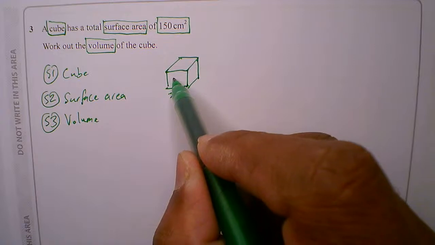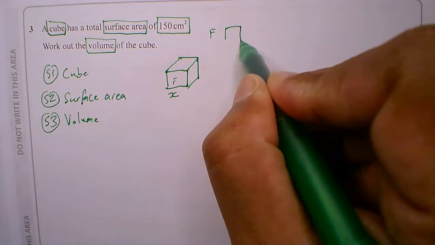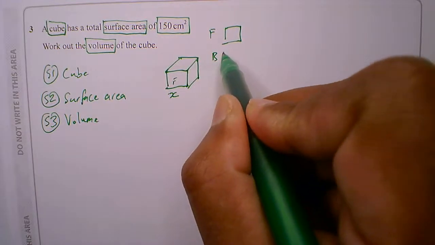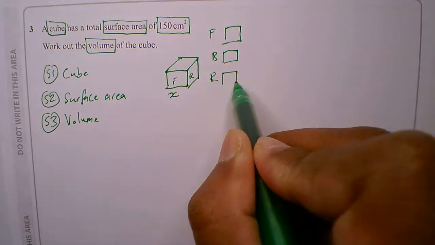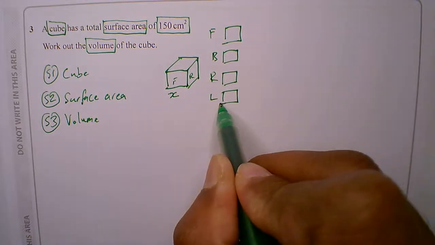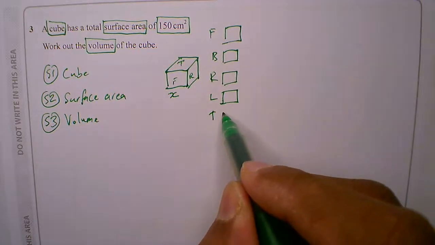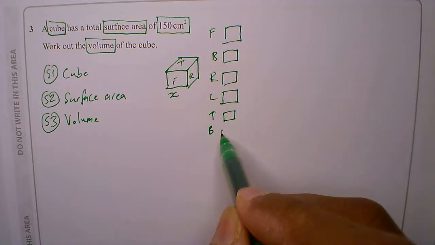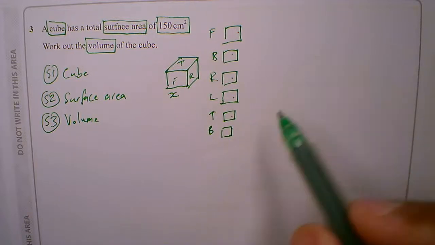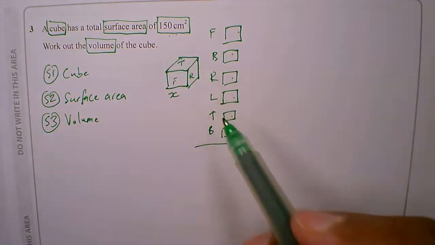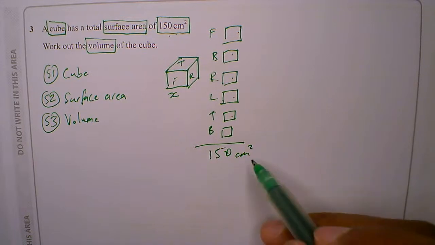You've got the front and the back, the right-hand side and the left-hand side, and then the top and the bottom. So there are 1, 2, 3, 4, 5, 6 sides. And those 6 sides give me 150 centimeters squared.